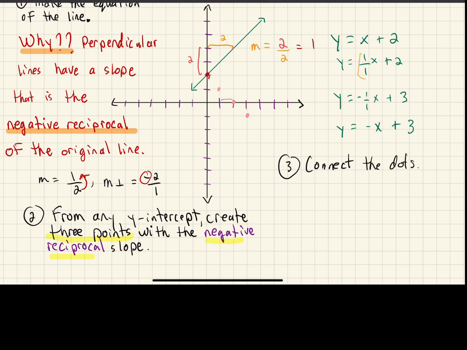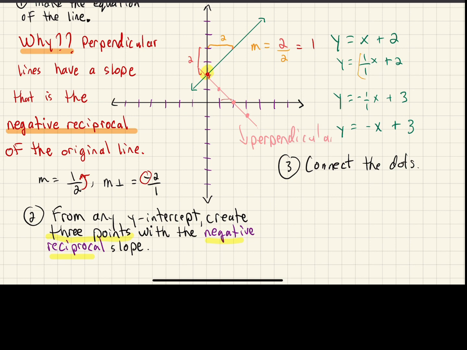And so each point, again, was plotted from a y-intercept of 3 here. And so let's say I plot my points and I draw a straight line through them. I could see that it does actually cross right over here from the green line. And so therefore, this is clearly a perpendicular line.